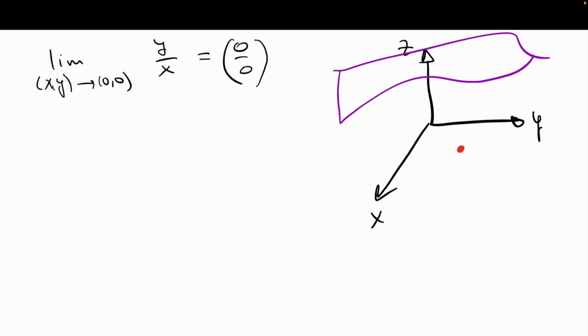In this case, the problem is, as I said before, the neighborhood of a point is a disk, so there is no left and right there. So in order to show that the limit exists, you will need to check that in all possible directions the limit is the same. Meaning that if you approach this point along this line, or this line, or this line, you always get the same result.